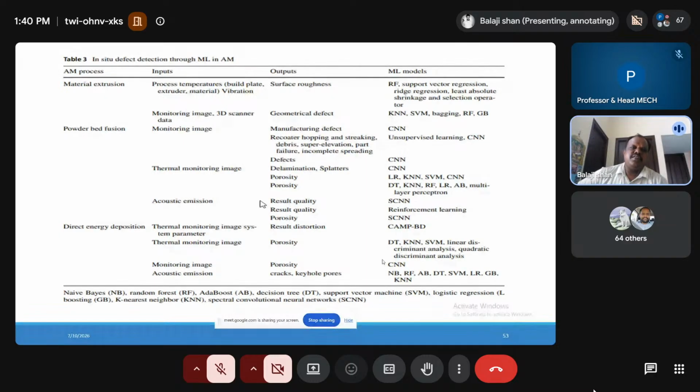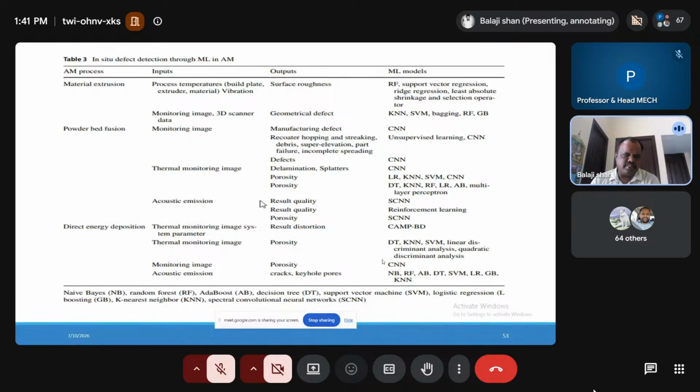The defect for material extrusion is surface roughness. So they are using the random forest method, support vector regression, ridge regression, and least absolute shrinkage and selection operator methods to calculate the surface defects in the material extrusion process.